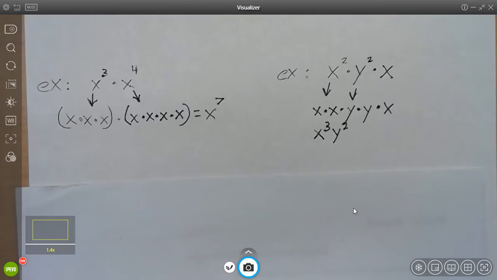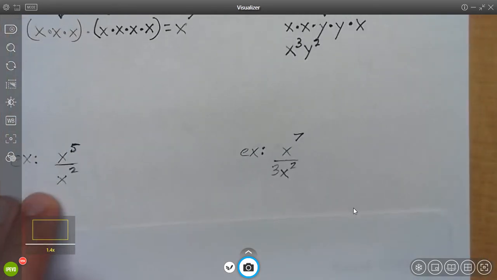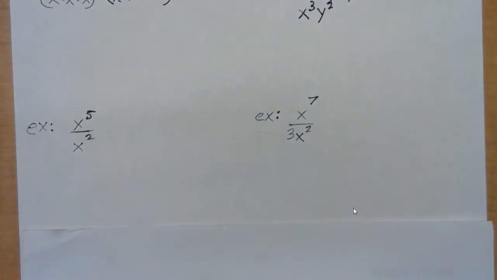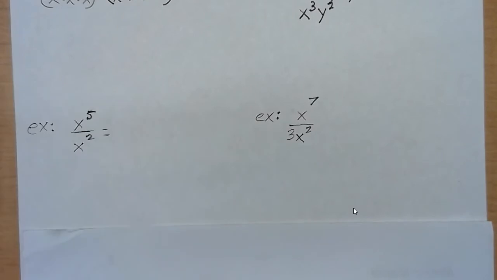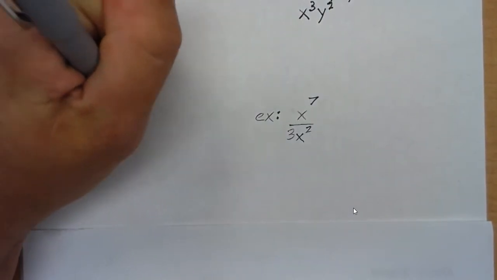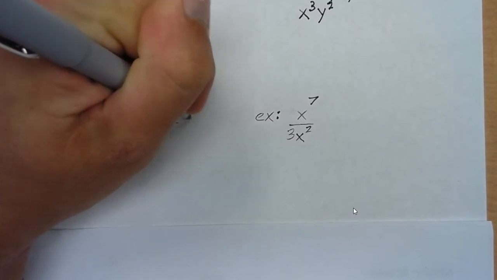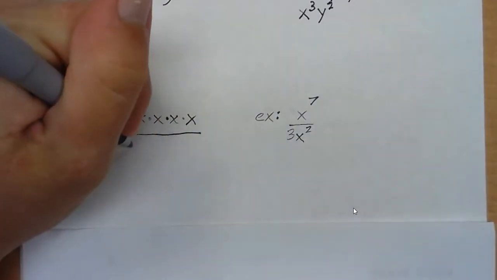Next, let's look at if I divide, the opposite of multiplying. X to the 5th divided by x squared. I'm going to write that out in expanded form. I know that x to the 5th is x times itself 5 times. And x squared is just x times x.